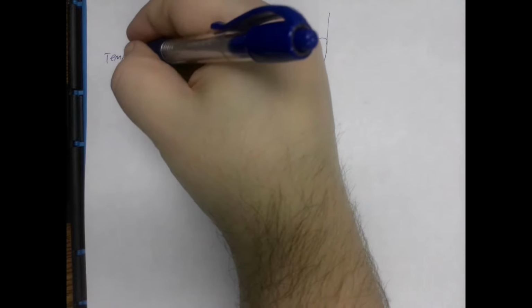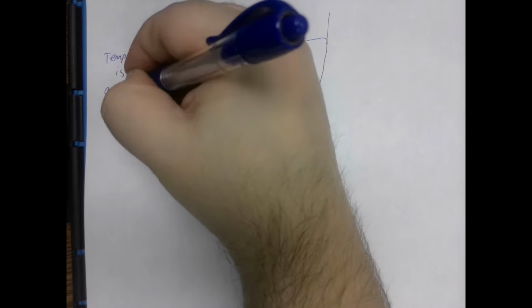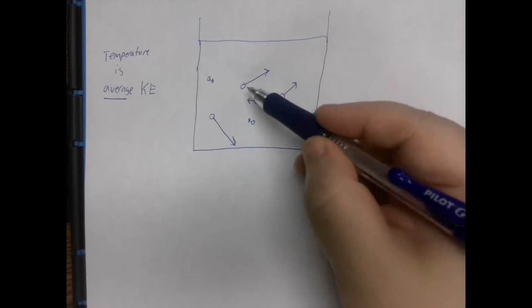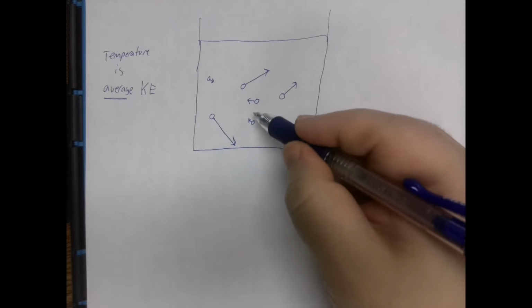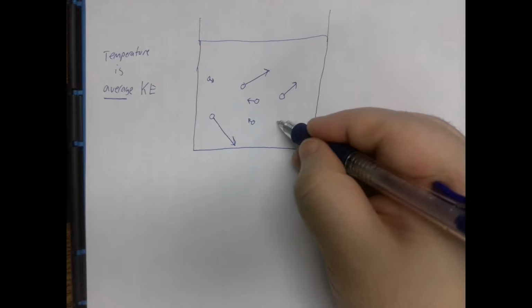So remember that temperature is average kinetic energy. Keyword is average. So we have particles that are moving really fast, particles that are moving slow, and particles moving with a medium speed.